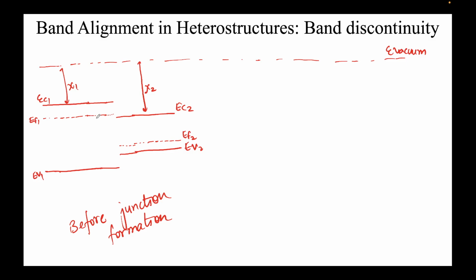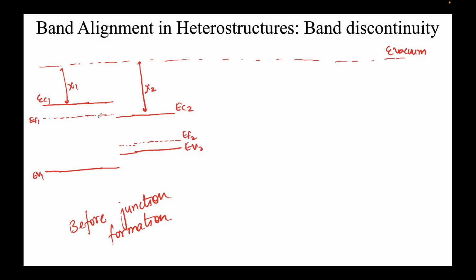Yes, I know it's where the probability of finding the electron is half, but when you're using them in such schematics, another way to use them is to treat them as some sort of average energy. So average energy is higher here, average energy is lower there, but this means that when you're forming the junction, again not applying any bias, no light shining, anything, at equilibrium EF must be flat, simple as that.